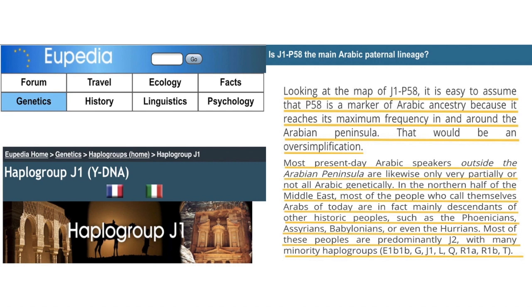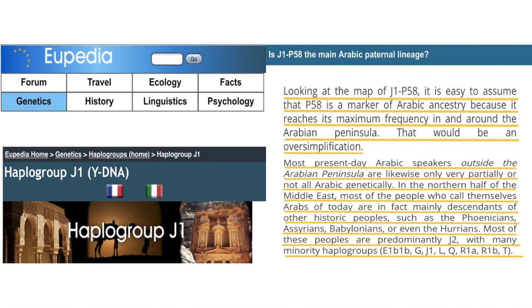Again, what does Eupedia say? "Looking at the map of J1-P58, it is easy to assume that P58 is a marker of Arabic ancestry, because it reaches its maximum frequency in and around the Arabian Peninsula. That would be an oversimplification. Most present-day Arabic speakers outside the Arabian Peninsula are likewise only very partially or not at all Arabic genetically.